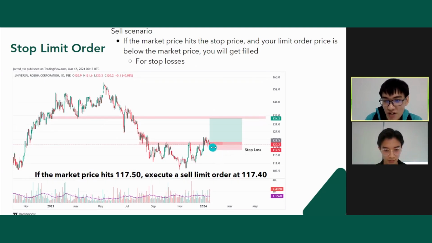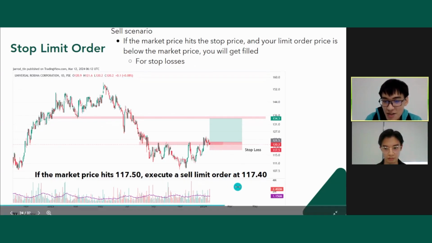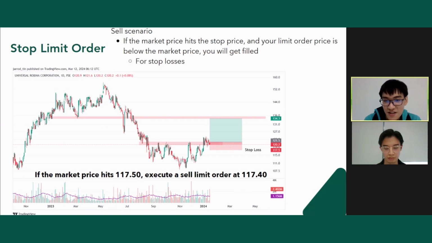If it hits 117.5, you execute a sell limit order at 117.4. So bale, price can go up and down, pero kapag tumama na sa 117.5, it will cut your losses na, kasi you have a sell limit order at 117.4, which will sell it down and get you out of the position immediately. Diba?